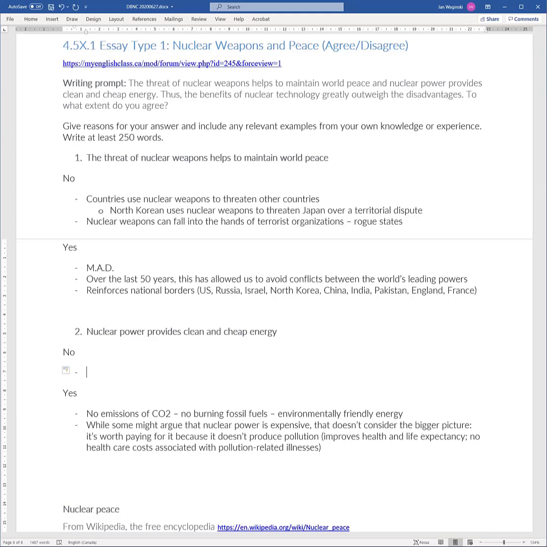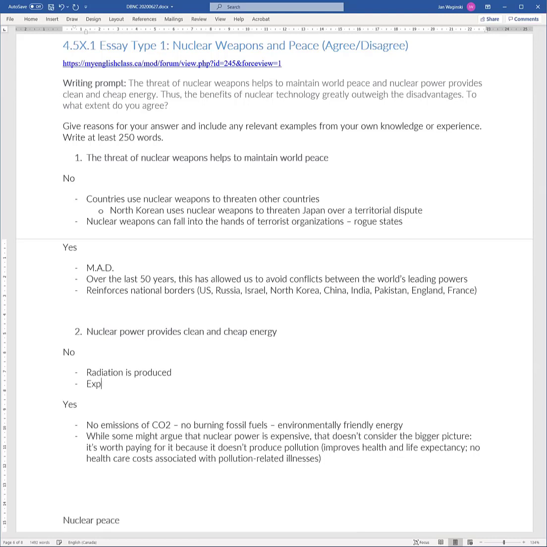Some types of this energy produce radiation. Yes. Expensive, we can't say it's expensive, we know that, but clean, radioactive substance they use, and they are carcinogenic.